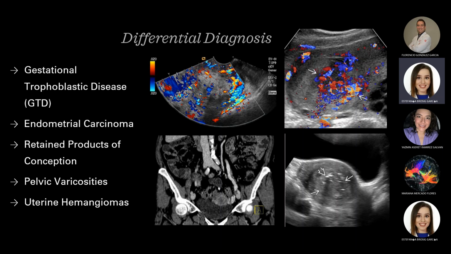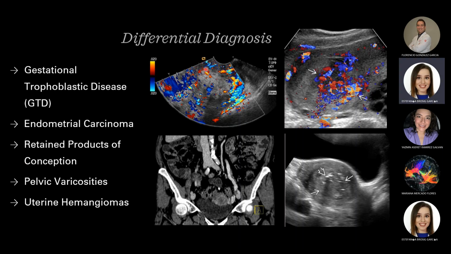Typically, patients with this entity have positive beta human chorionic gonadotrophin hormone and overlapping Doppler image features that might coexist with an arteriovenous malformation.